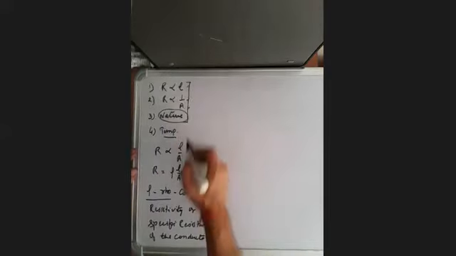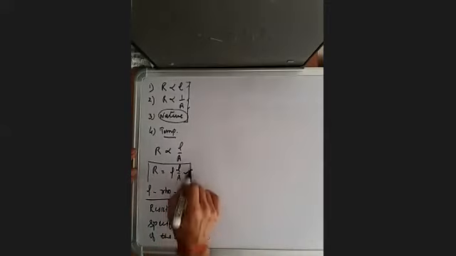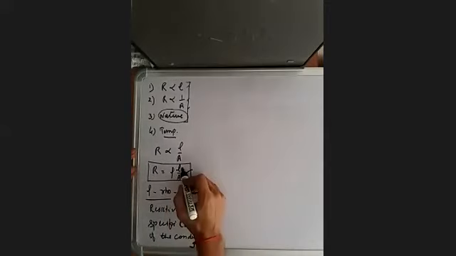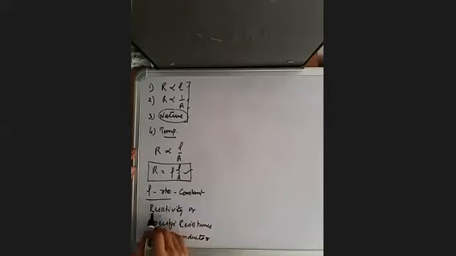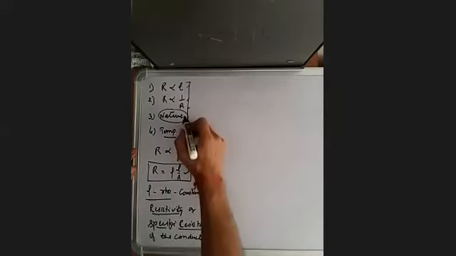Okay, so these three factors have been incorporated in this expression. So resistance is directly proportional to L, inversely proportional to area, and also directly proportional to the resistivity or specific resistance of the conductor, which actually depends on the nature of the conductor. So we get this expression for resistance.